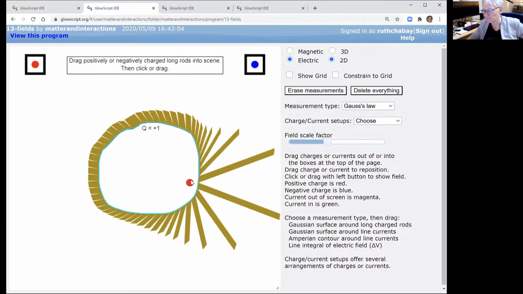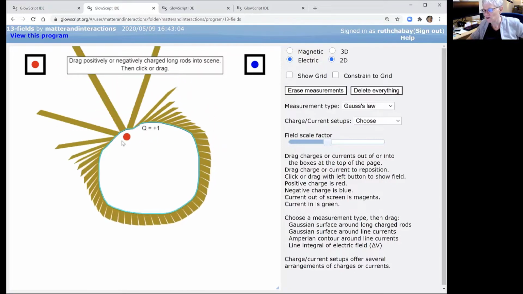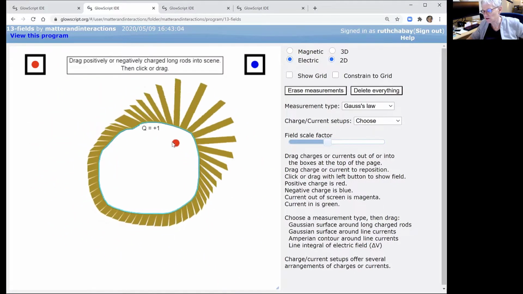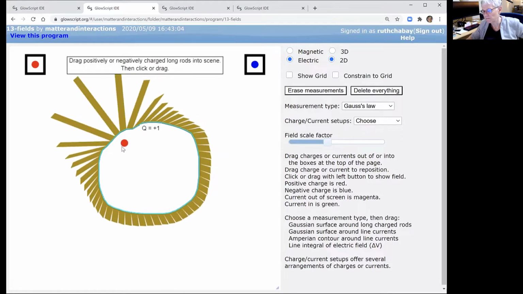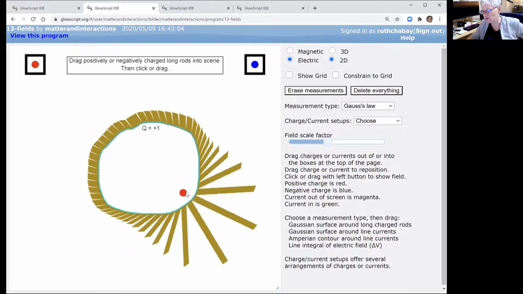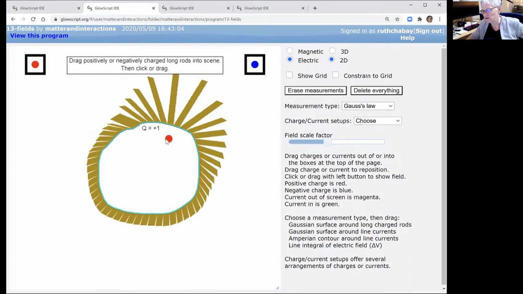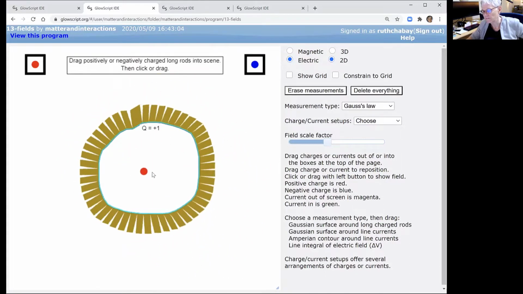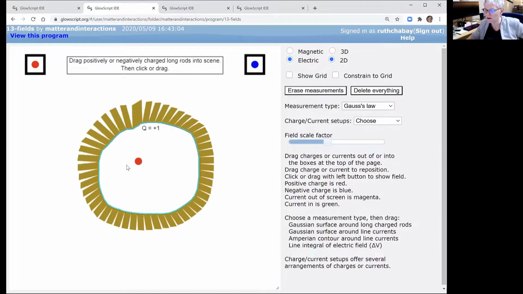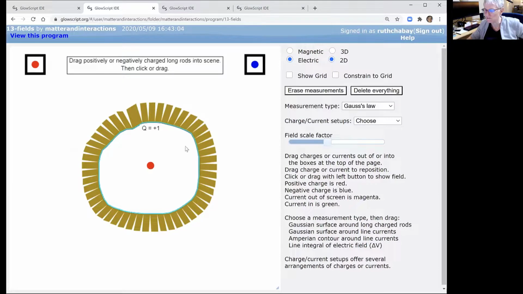And you can see that it doesn't matter where the charge is, okay? So we get a lot of flux in some places and a little bit of flux in other places, but it still adds up to 1, whereas if we take the charge outside, then it's different.